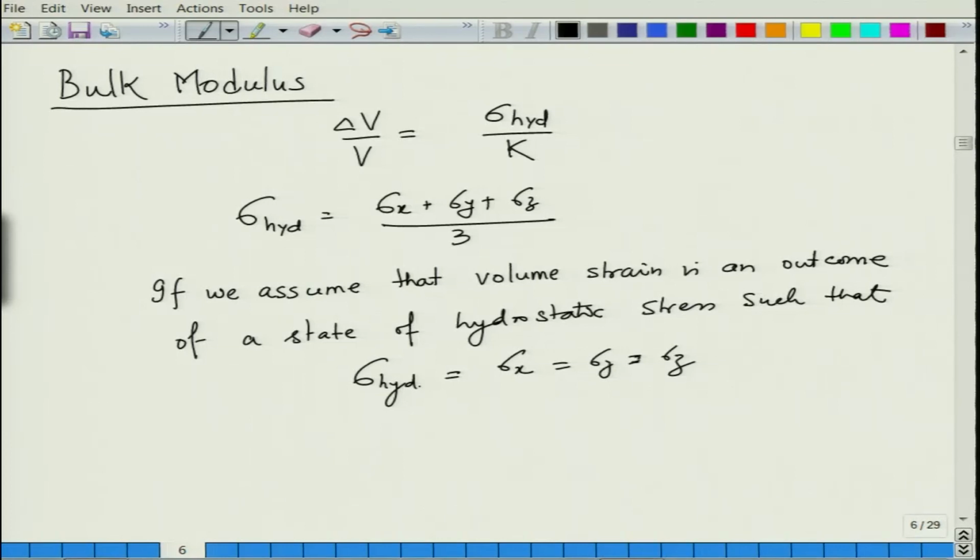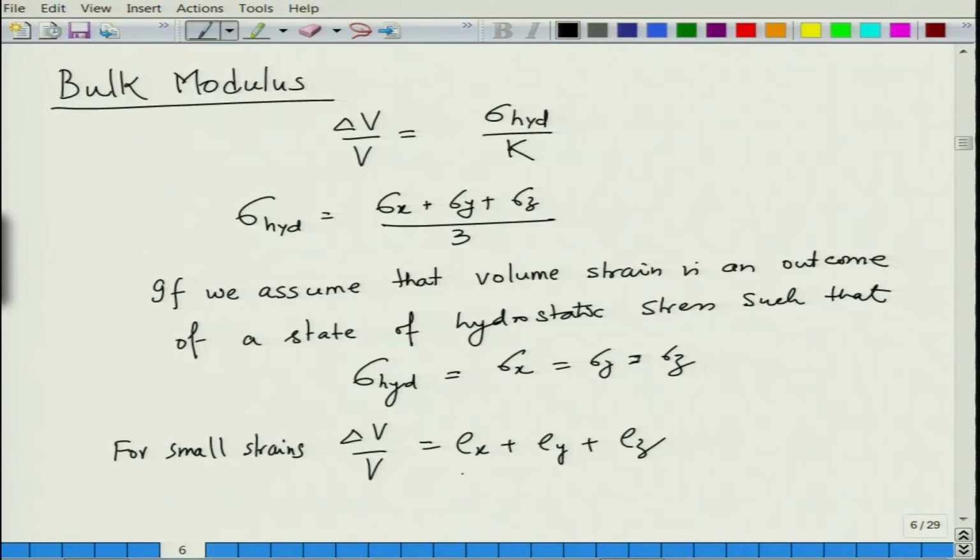In this case, if sigma hydrostatic is assumed to be equal to sigma x plus sigma y plus sigma z, then we can write delta V by V for small strains. This can be approximated as Ex plus Ey plus Ez for very small strains.